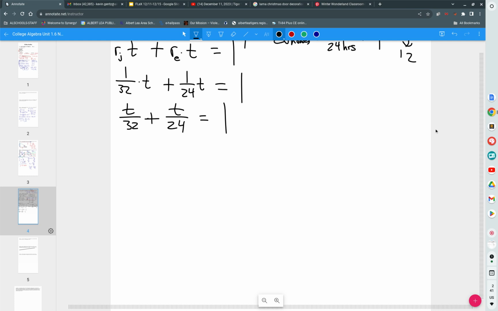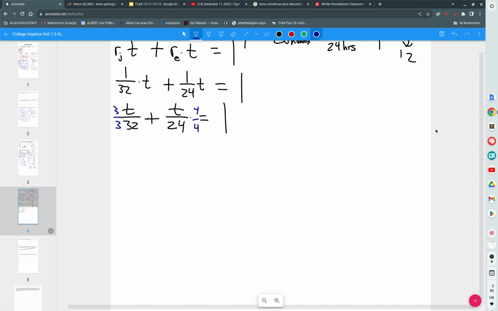I need to find common denominators. What number do both 32 and 24 multiply to? So the 9 ends in a 6. 96. Good, 96. So we're multiplying top and bottom by 3 to get 96. Multiply top and bottom by 4 to get 96.